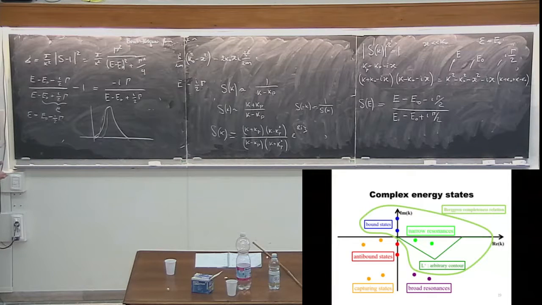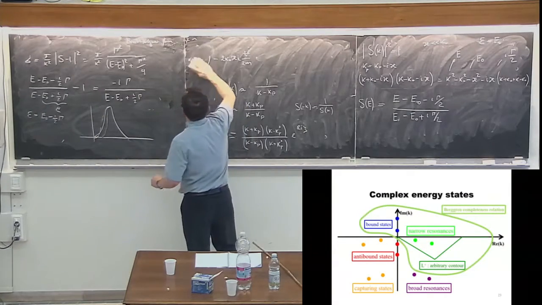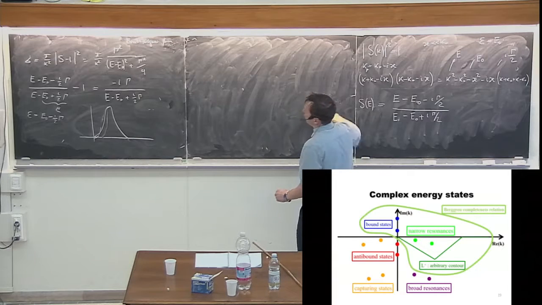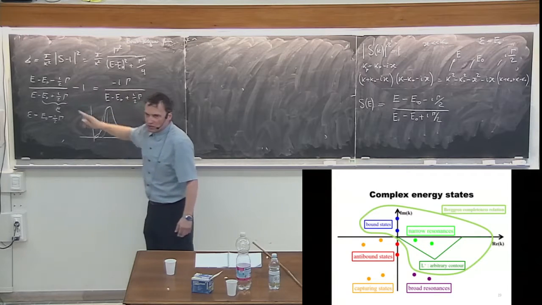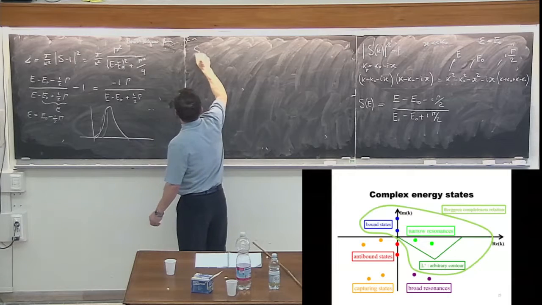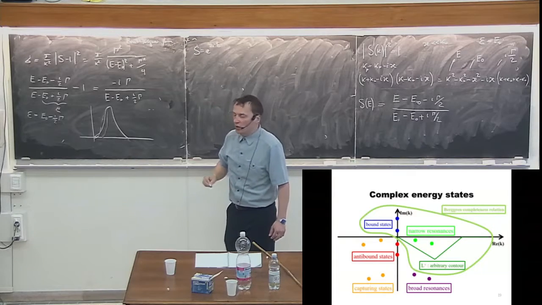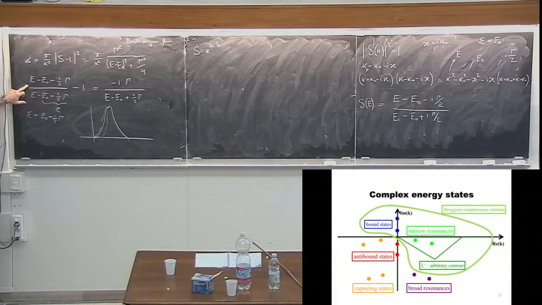Now, if you would like to compute the width of the resonance, there are many options. One option is looking at the phase shift. If you know how to do the phase shifts and you'd like to analyze the lifetime, you can relate this to your phase shift. If this is your S matrix, then S equals e to the 2i delta. So this is a complex number in the numerator, and the denominator is a complex number, and they're complex conjugates of each other.